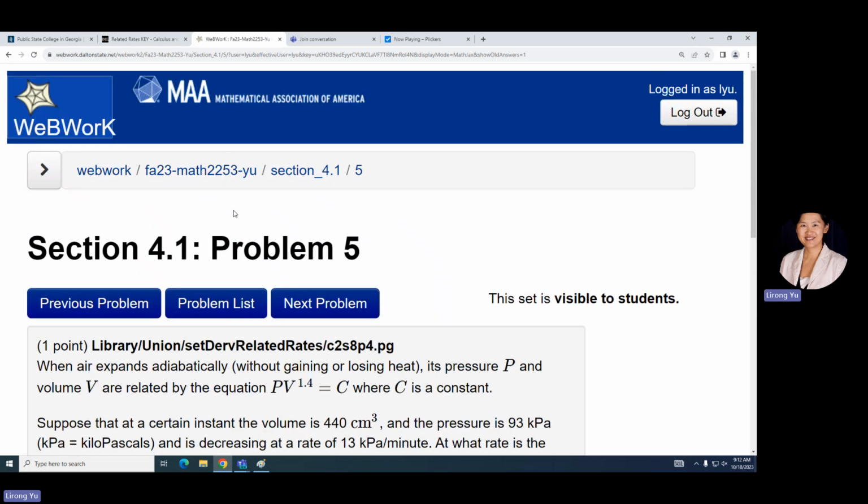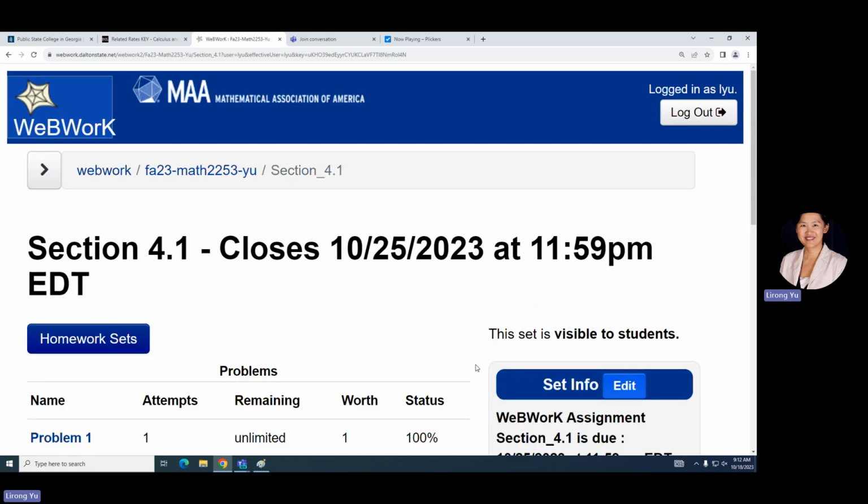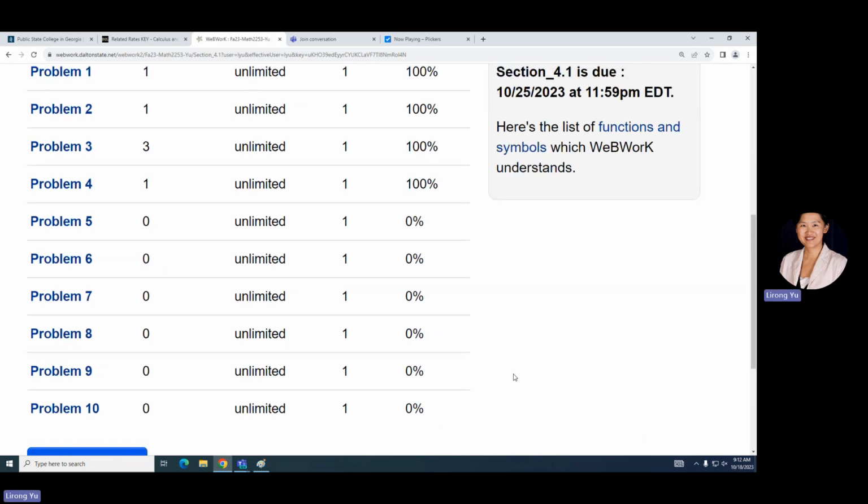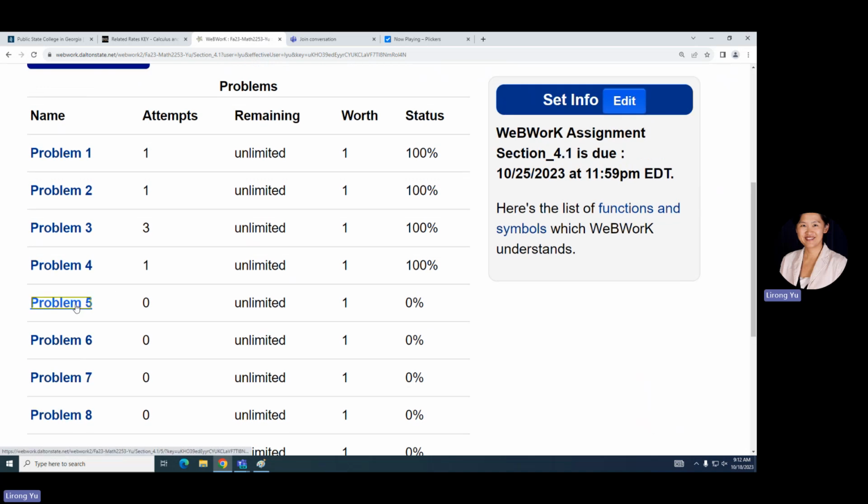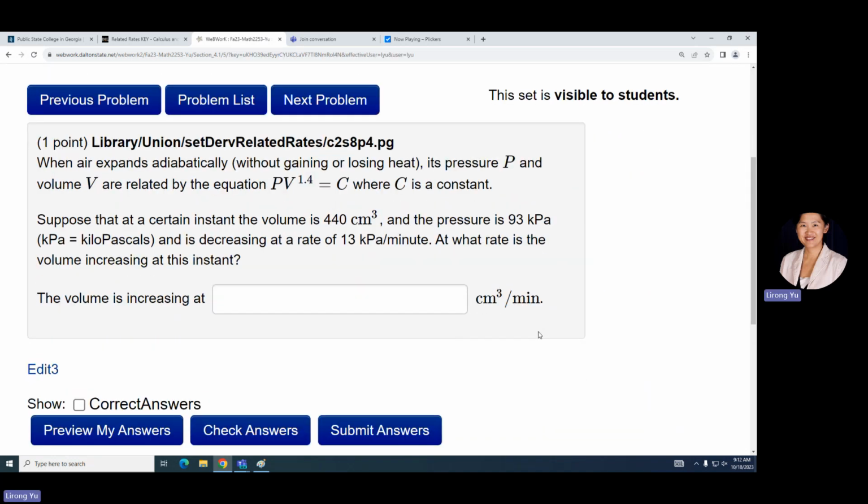Overall, we have question section 10. So we're up to number 5. We'll solve this to be our last example. But as you can see, the main idea in related rates is you focus on understanding the relation between the quantities.